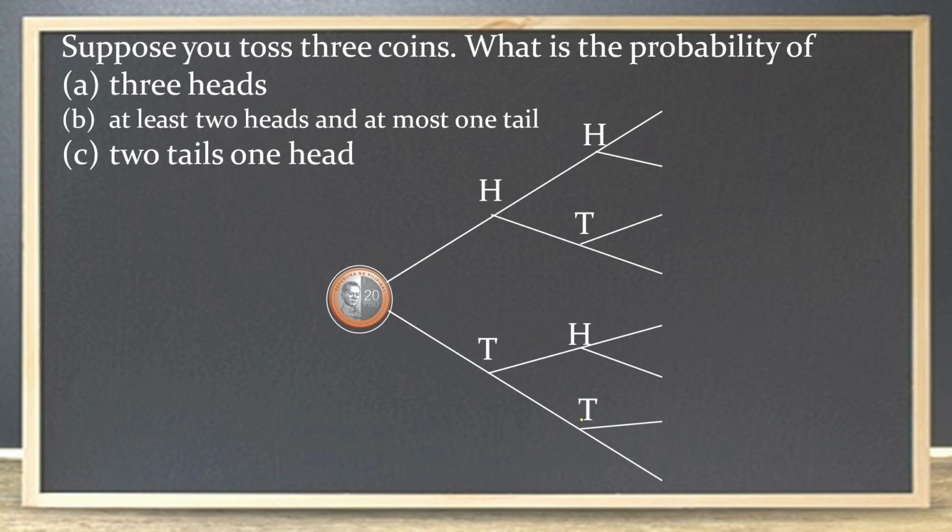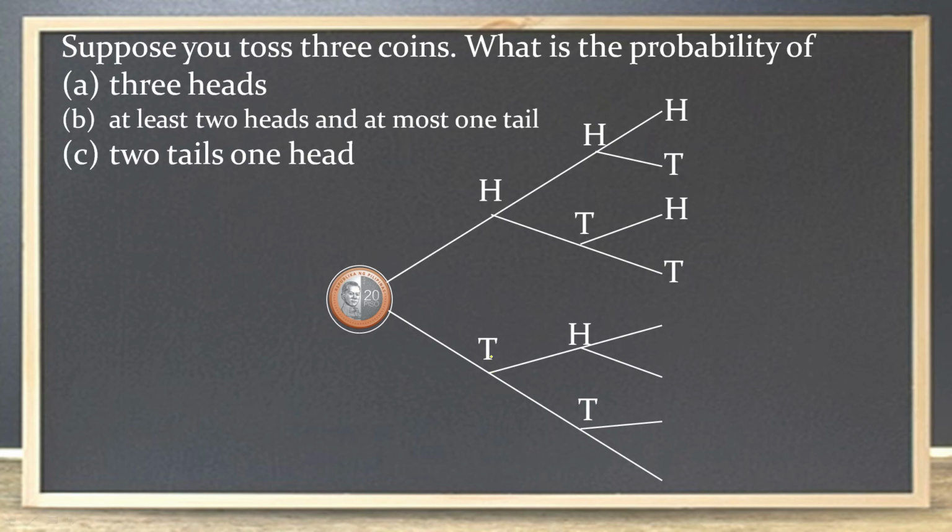Now, for the third coin, there's a possibility that you will have the head of the first coin, the head of the second coin, and the head or the tail of the third coin. Or the head of the first coin, the tail of the second coin, and the head or the tail of the third coin.